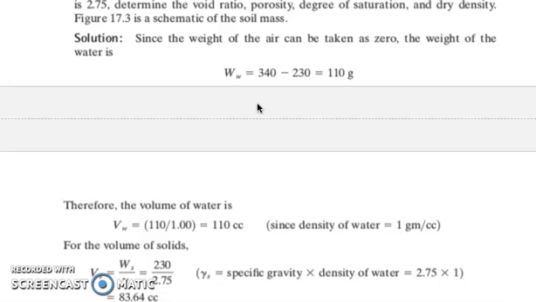Total weight is equal to the weight of the water plus the weight of the solid. Since we have the total weight and the weight of the solid, we can compute the weight of the water, which is 110 grams.